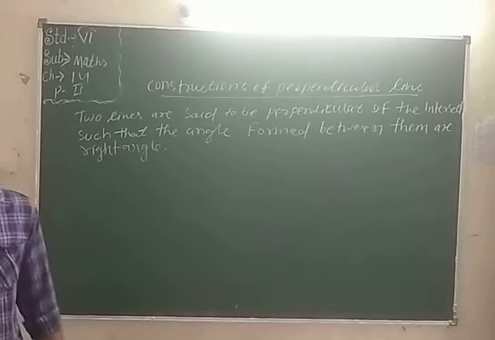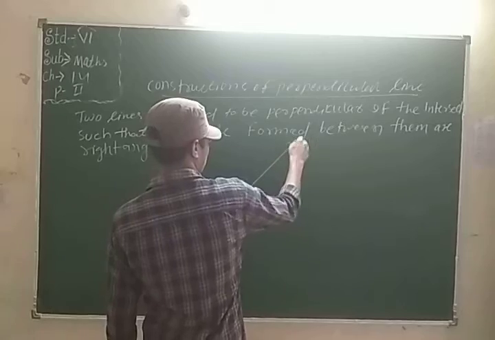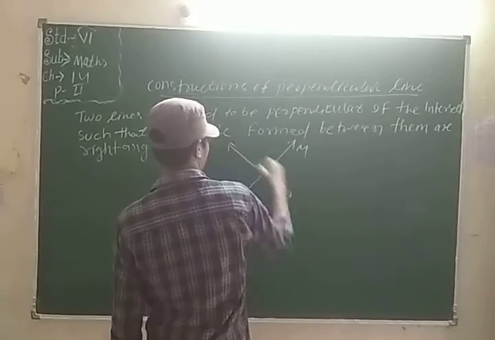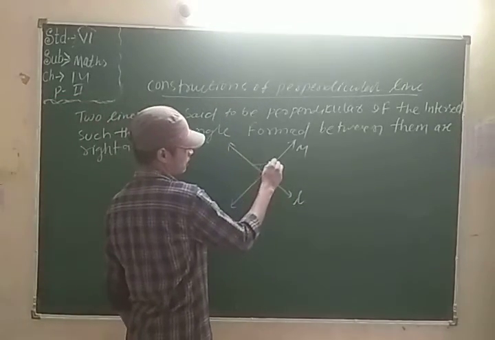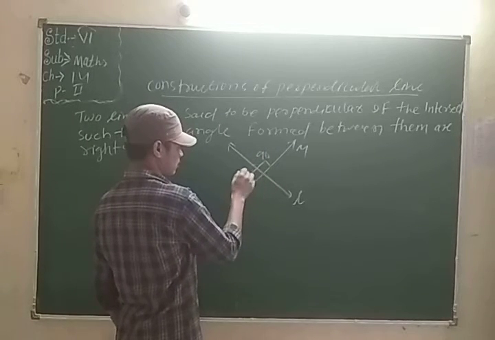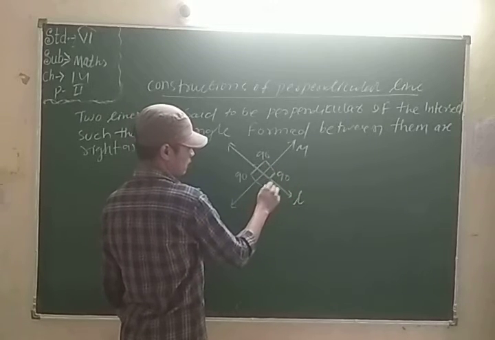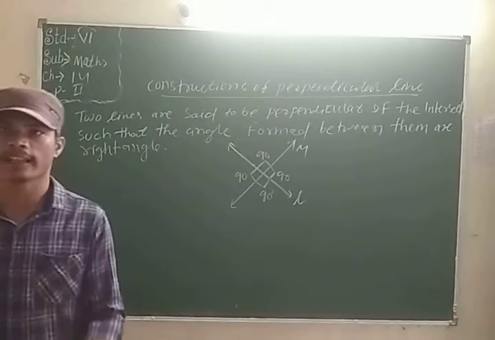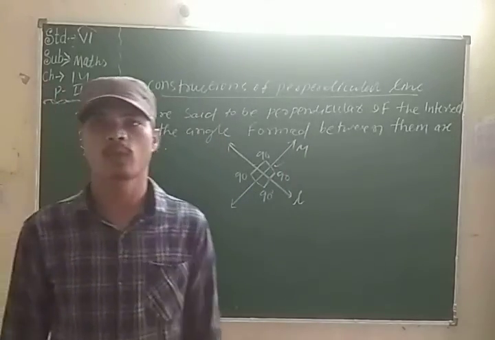Right angle means 90 degrees. Suppose here is line M and here is line L; these angles are 90 degrees, also 90 degrees, also 90 degrees, also 90 degrees. That means when two lines intersect each other and form 90 degrees, that is called perpendicular lines.